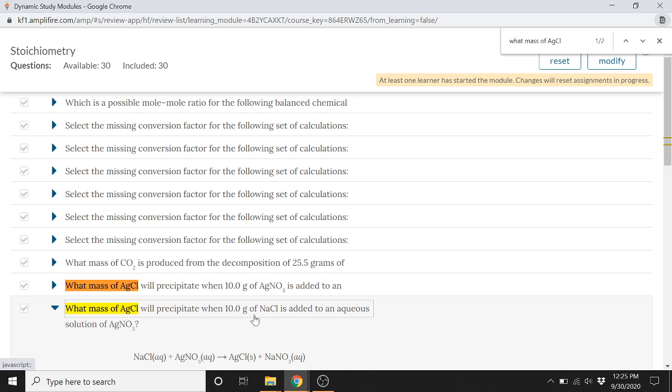Yeah. And so we go to our periodic table, we look up and we get our molar mass. We want NaCl because that's what we're starting with. Mass of Na plus mass of Cl.